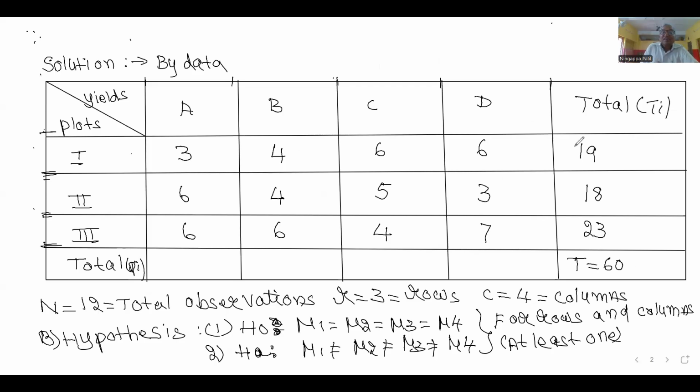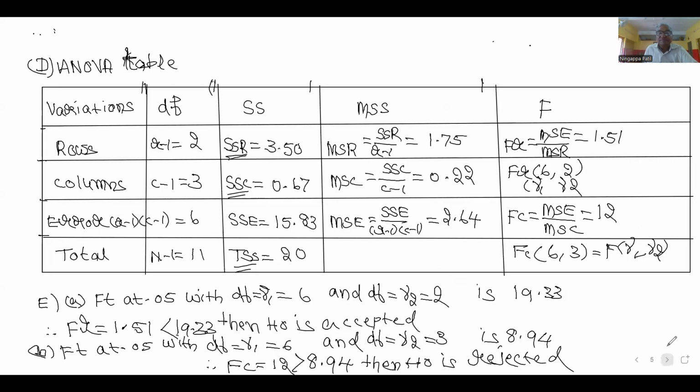Look here, Ti 19 upon 4 equal to button, and store this value in letter A, and 18 upon 4 equal to button, and store this value in letter B, and 23 upon 4 equal to button, and whatever answer you get, you store that value in C. Look here, my dear students.